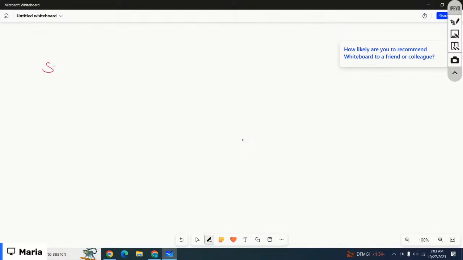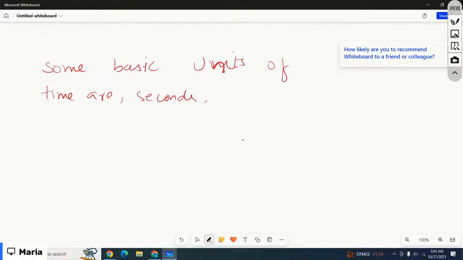Some basic units of time are seconds, minutes, hour, day, week, month, and year.